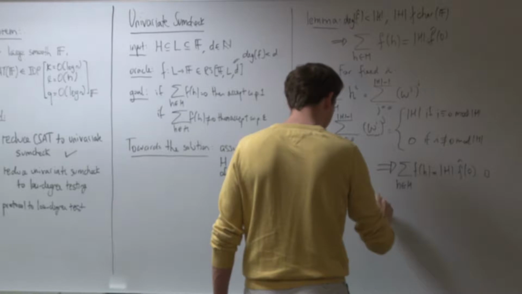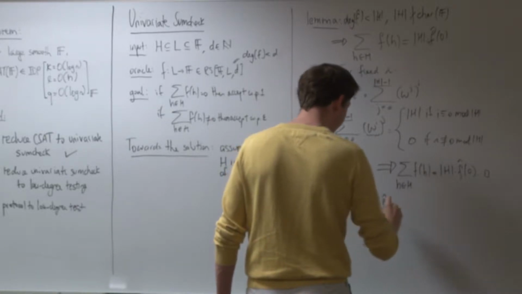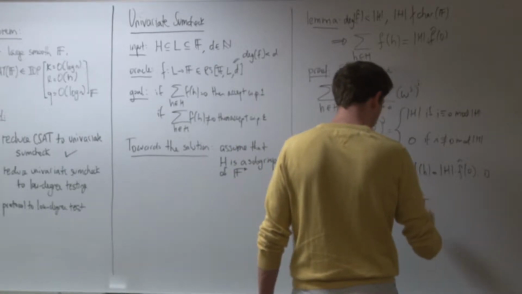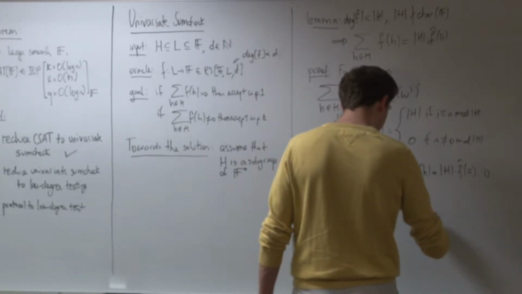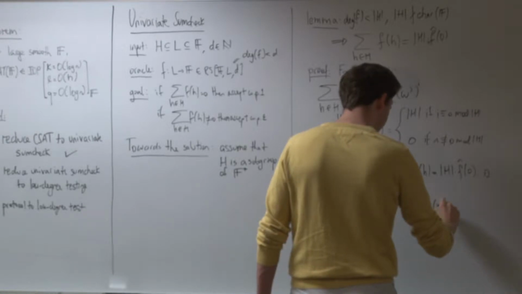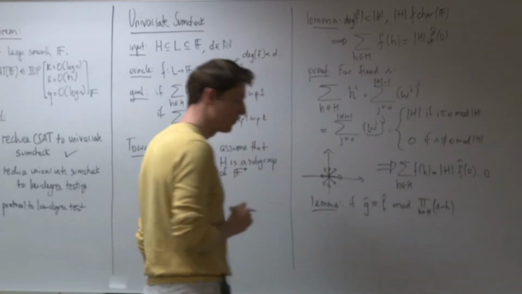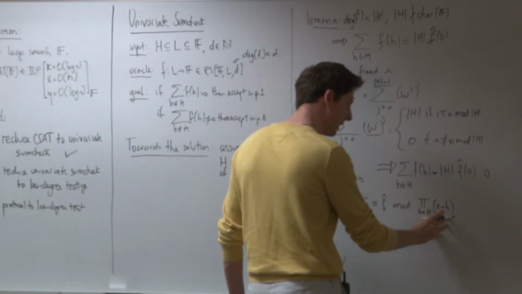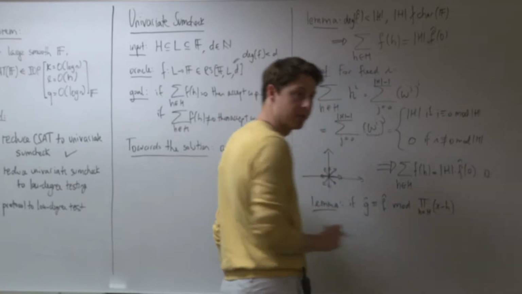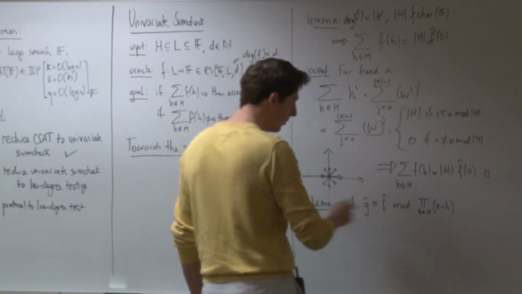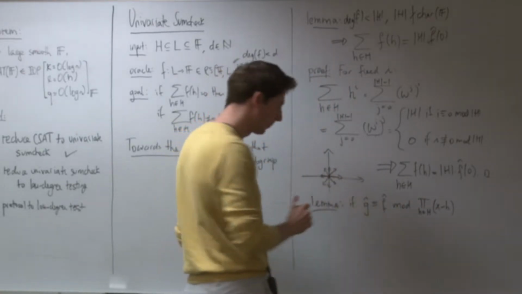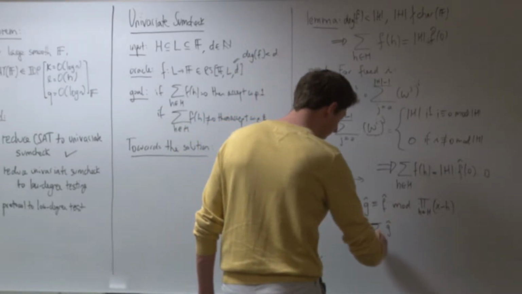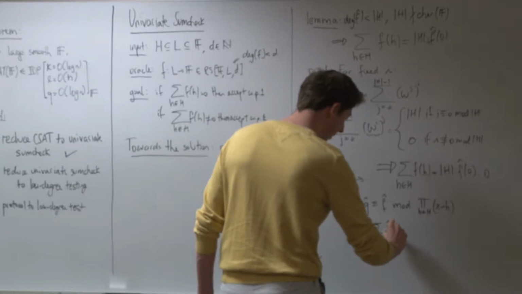Let's say g hat is congruent to f hat modulo this polynomial, which I'm going to write down: the polynomial whose roots precisely coincide with the subset that I'm considering. If two polynomials are congruent modulo this relation, then their sums over the domain are equal.